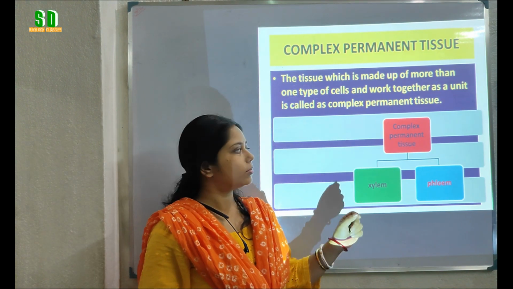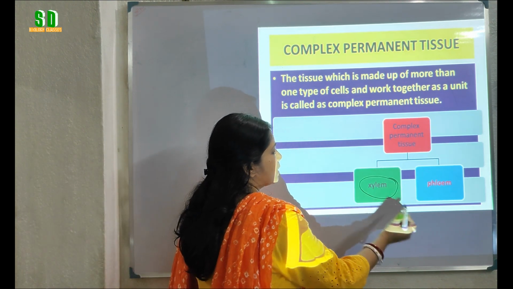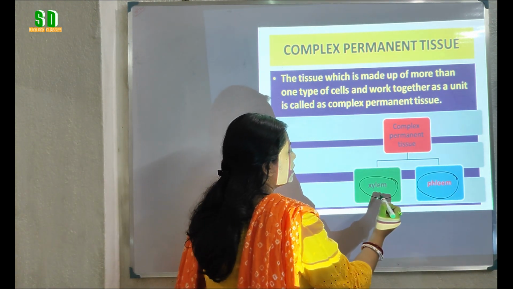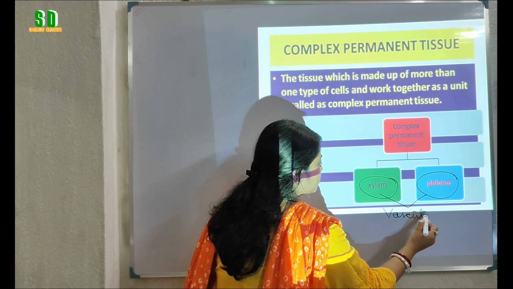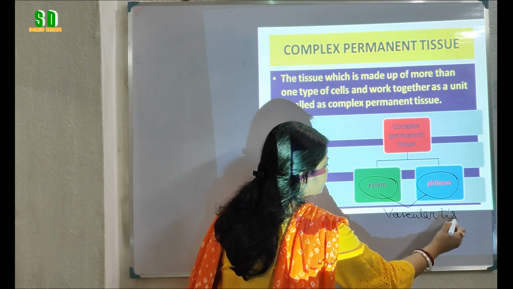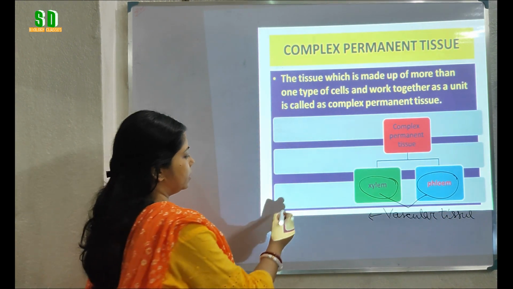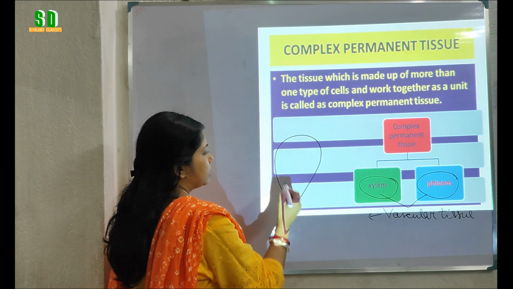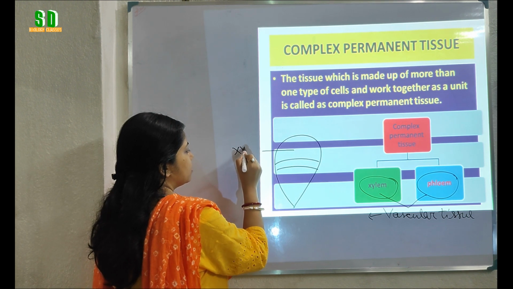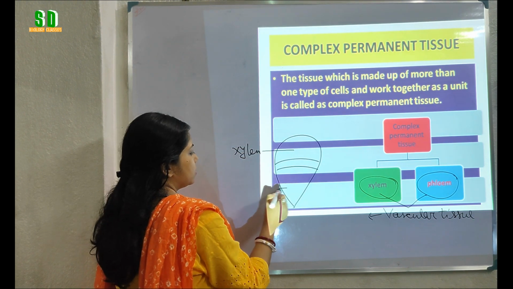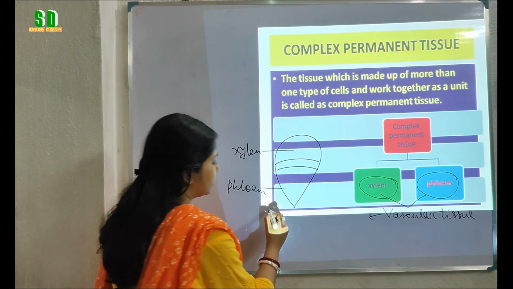Now we will know about the types of the complex permanent tissue. The types of complex permanent tissues are xylem and phloem. The xylem and phloem together are called the vascular tissue, and they make the vascular bundle.